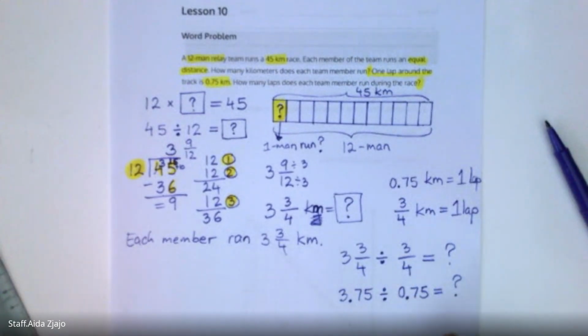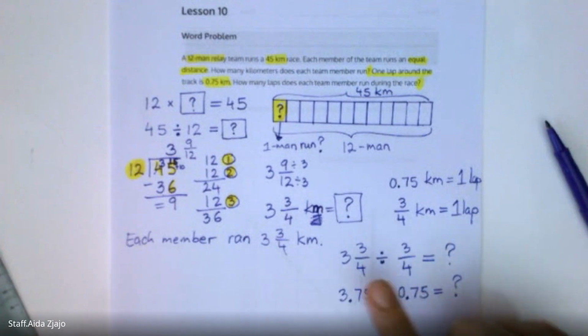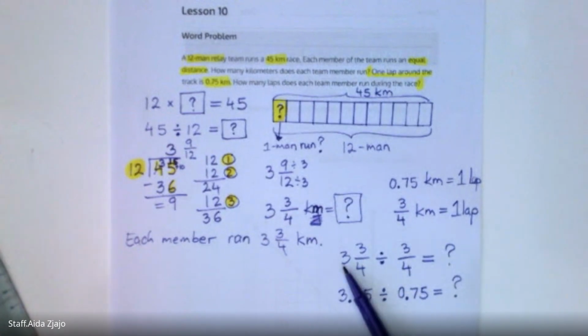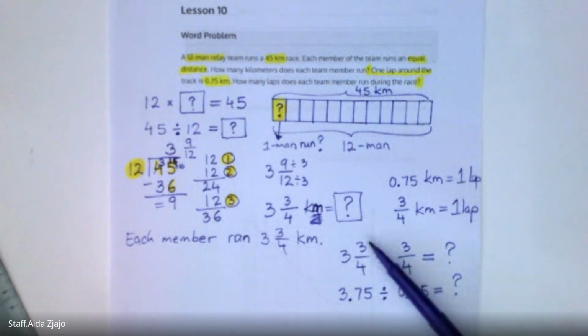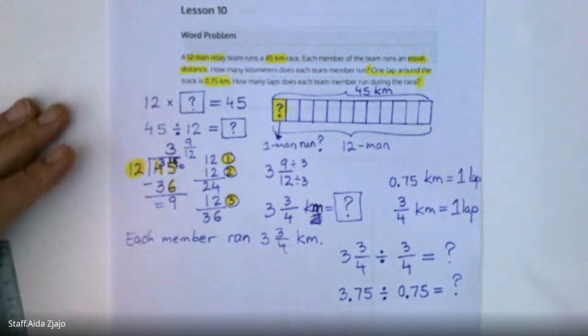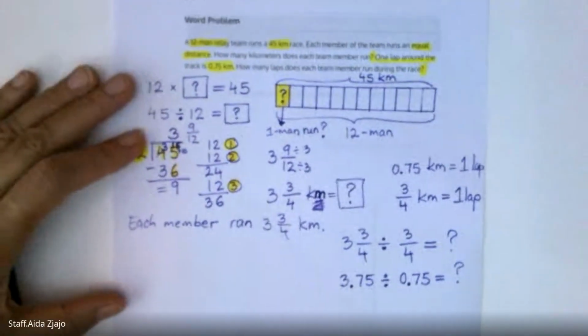That's one approach. The other approach is if you change these 3 wholes into fourths, so you have all fourths and you group them into groups of 3/4. I think it would be valuable if we show both approaches.